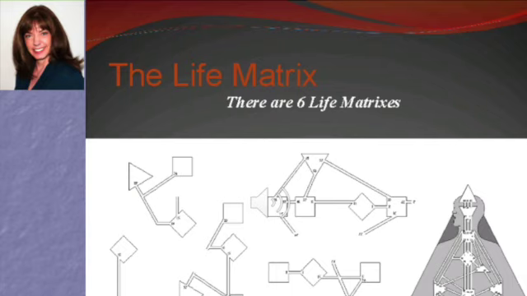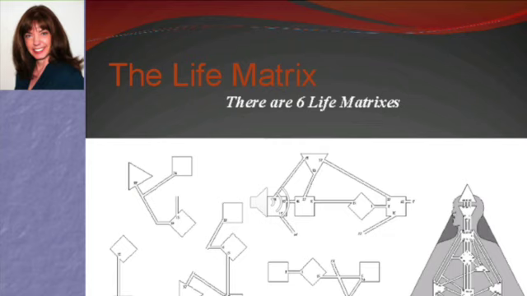So just to get you oriented, you'll see here that there are 6 life matrices. There's actually more than 6 matrices when it comes to different forms that Ra has shared with us, but these are the ones that we would consider to be alive.